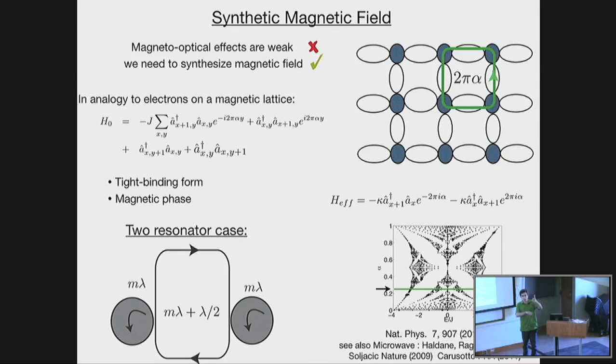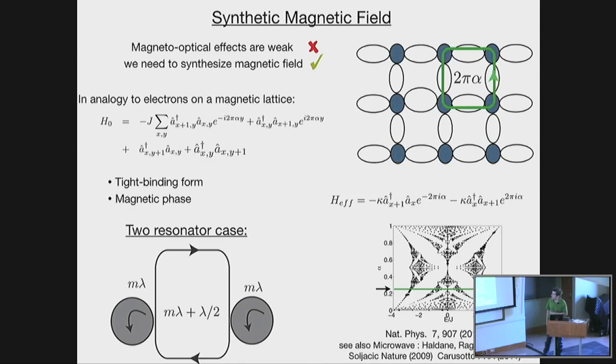So spin up will see uniform magnetic field. Spin down will see the uniform magnetic field with opposite phase. Exactly like the BHZ Hamiltonian for quantum spin Hall effect. That we have two copies of quantum Hall effect, two time reversed copies of each other.